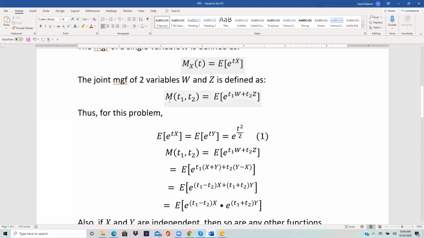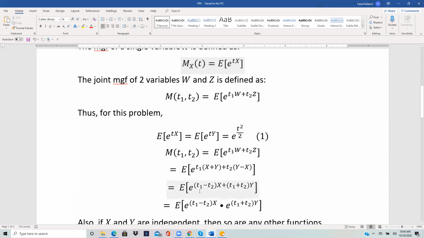So we want M(t1, t2). By definition that is this expected value. Now substitute the values of W and Z: W was X plus Y and Z was Y minus X in the given.